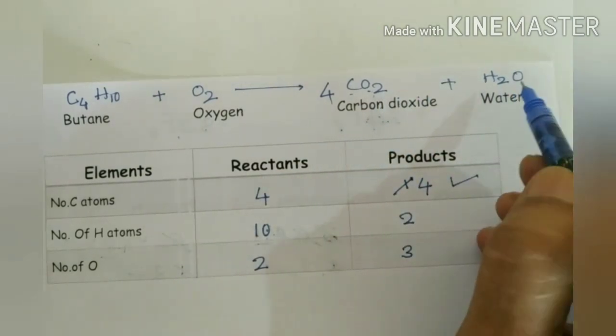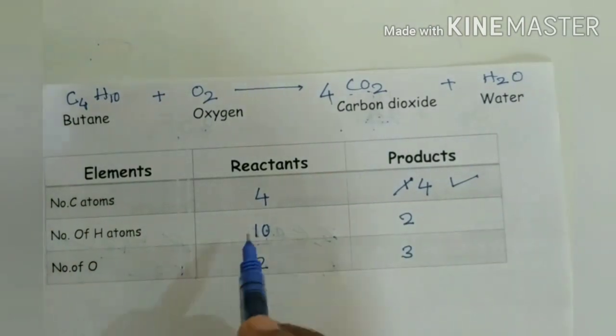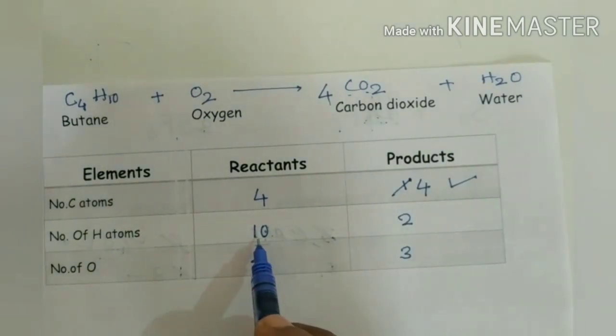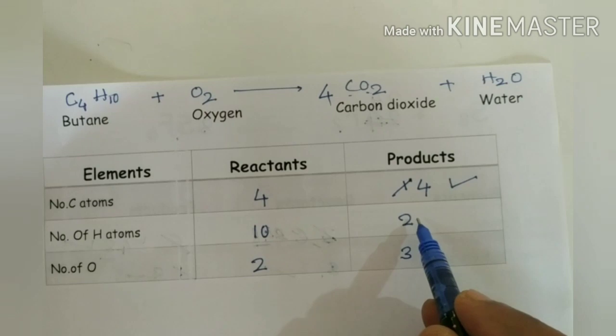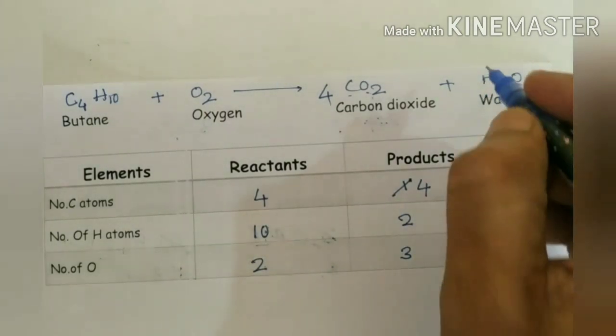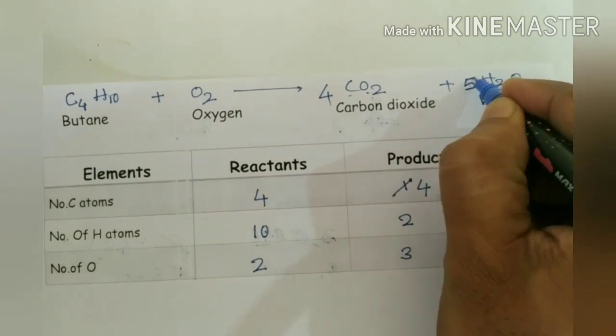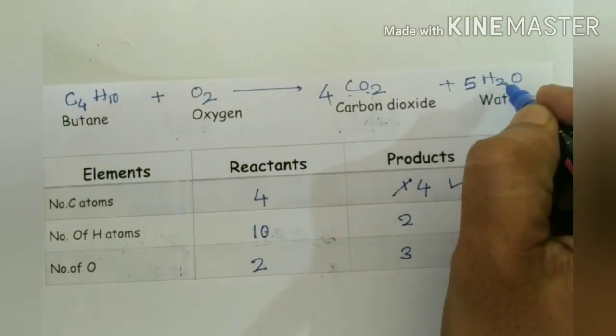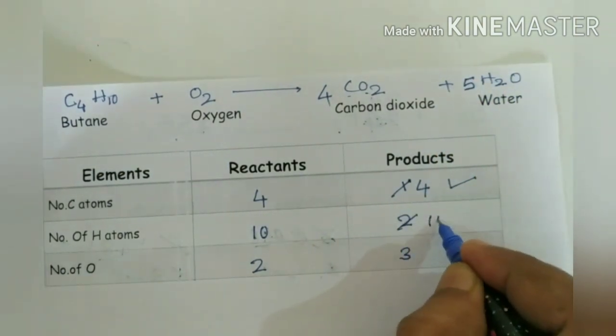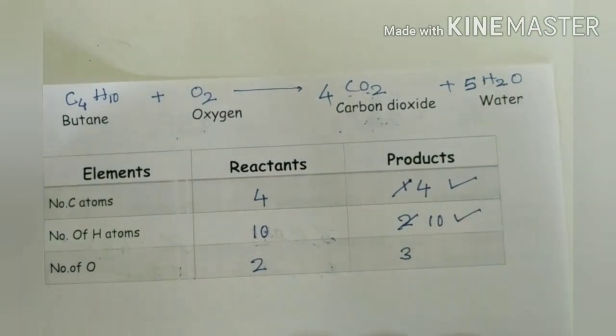Next, the hydrogen atom. The number of hydrogen atoms here is 10, and here only 2 is there. So I will write 5 here. 5 of 2 is 10, and here it becomes 10. So now the hydrogen is balanced.